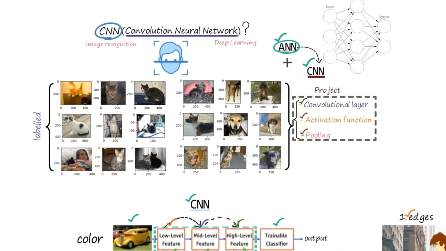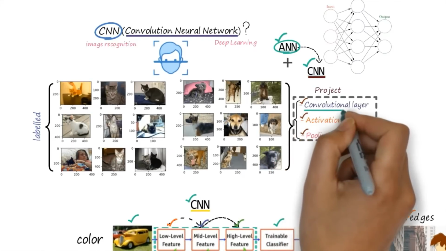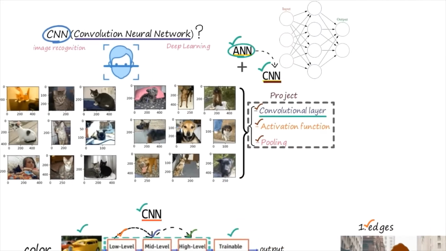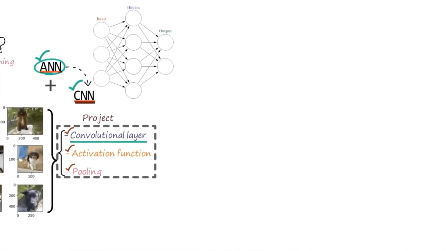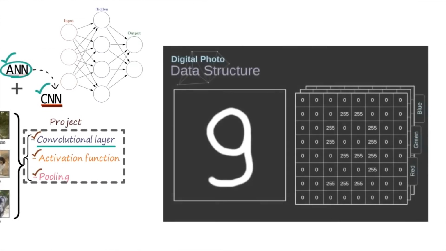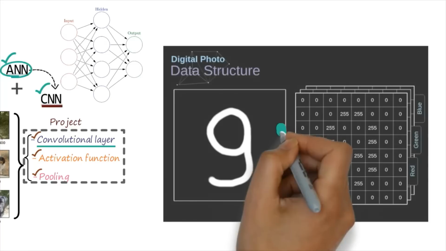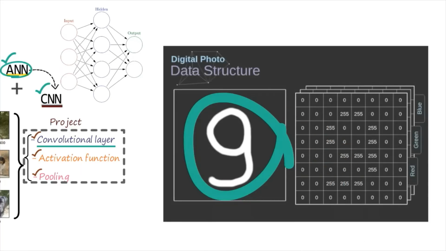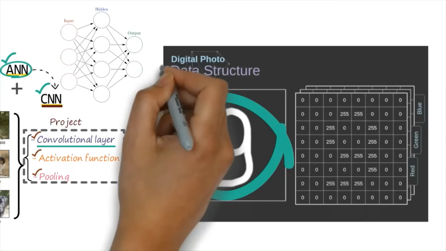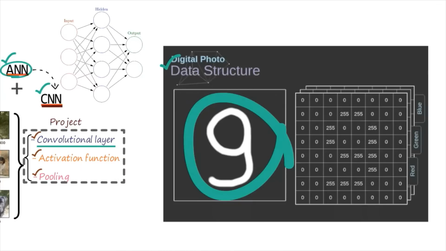Now come to the very basic or starting part of the CNN model. That is, now we are going to discuss the convolutional layer. This is the first layer. Before discussing this convolutional layer, we have to understand the image also. Consider I am taking this image as an input. This is an image of 9, and there is a data set known as the MNIST data set from which we can acquire this kind of image. Now if you consider this image, first focus on the data structure of the image, how this image will look. I am talking about a colored image, right?